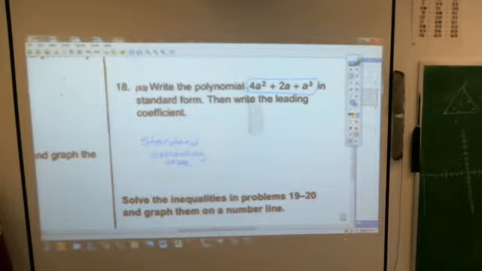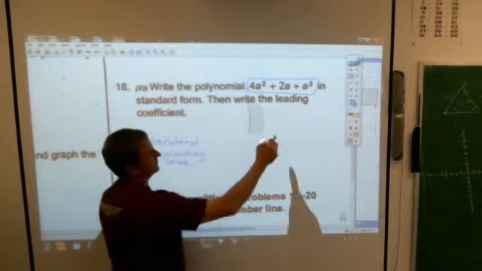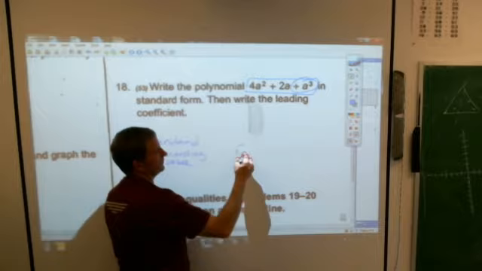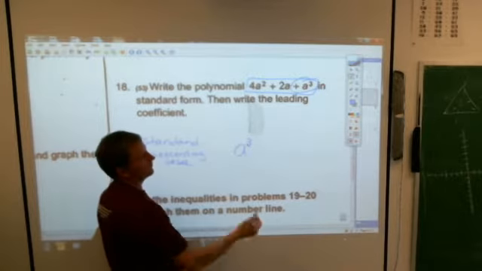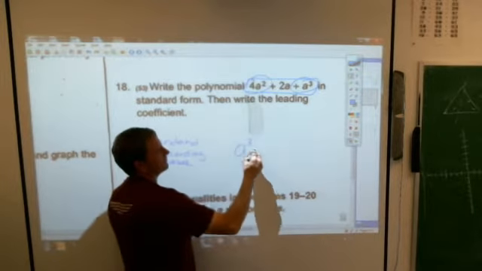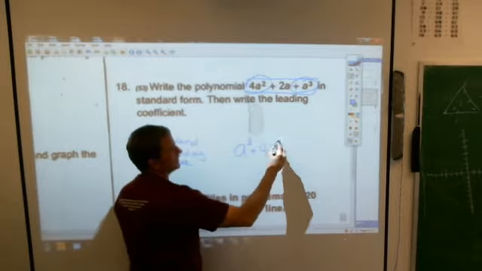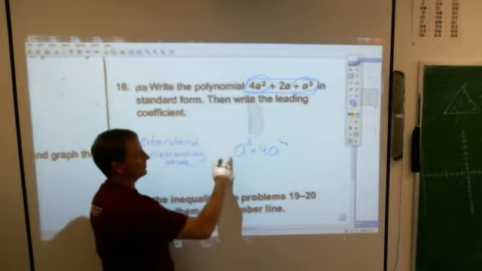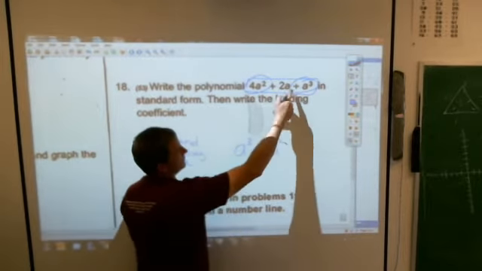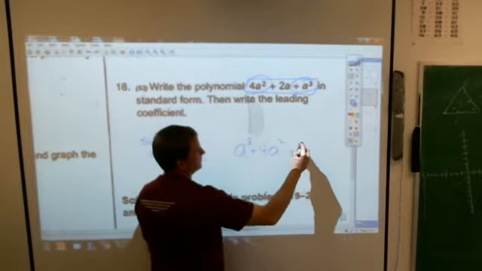The highest, what was it? I can't remember what the phrase is. So you have to put the a cubed first in standard form. A cubed comes first. No, not terms. Degree. You have to put the highest degree term first. So you have a cubed, then 4a squared, then 2a.